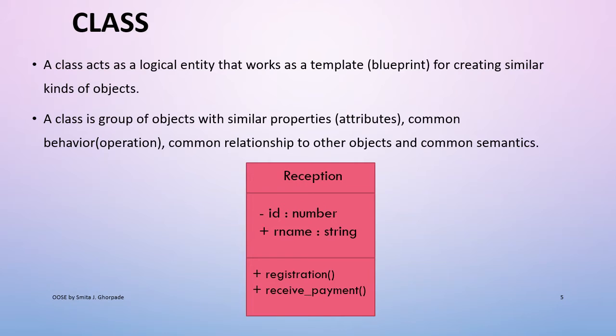Graphically, a class is represented by a rectangular box. It gets divided into three compartments. The top or first compartment is the name for defining a class. The second compartment is a collection of attributes, and the third compartment is a collection of different operations or behavior of that object.